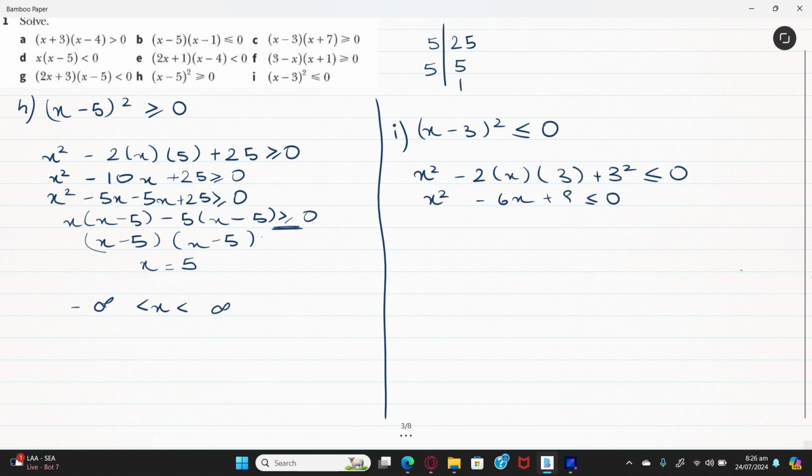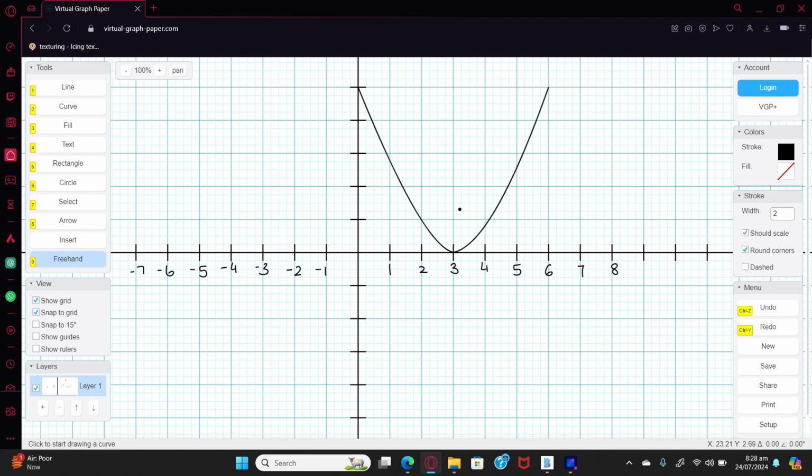So what's happening now is we would again factorize this quadratic equation, and that would give us x equals 3. So basically what it means is that there's only one point on the graph which is touching the x-axis, which is at the x value of 3.